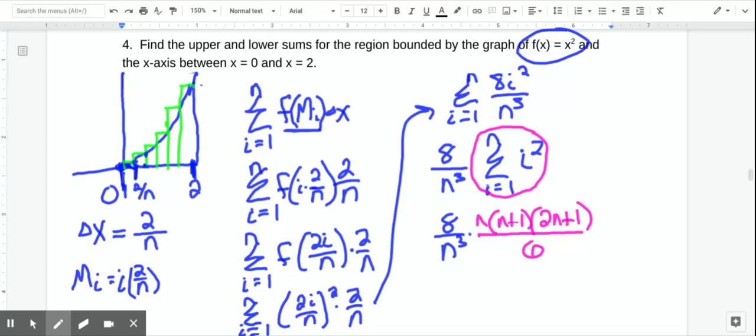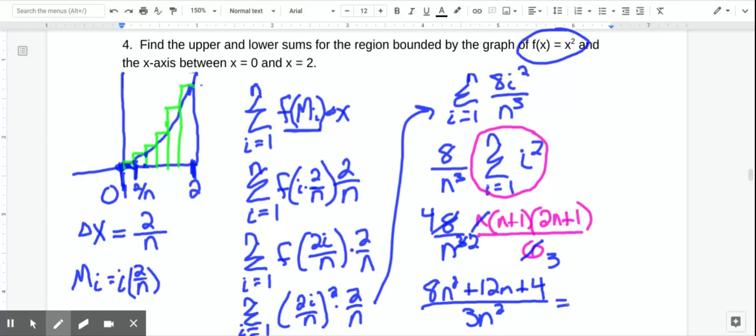Okay, so we're going to clean this up. I am going to start by canceling one of these n's. I might continue by at least reducing that. That might help a little bit. Okay, so in the numerator, I am going to distribute and FOIL this out. That's going to give me 8n squared plus 12n plus 4, all over 3n squared.